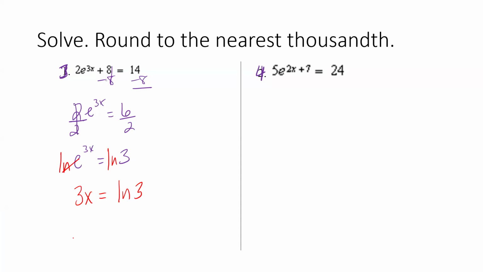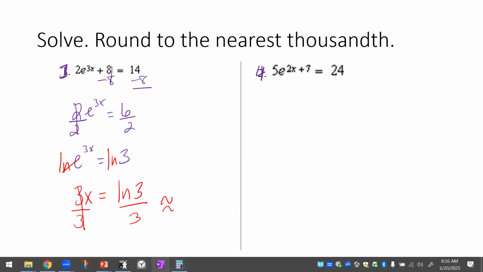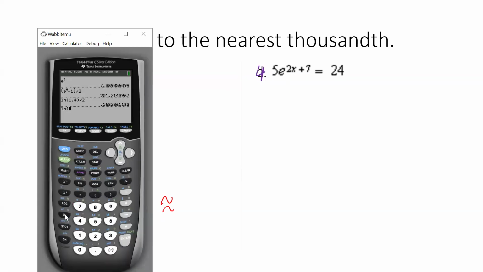Last thing to get x by itself, divide by 3. So that's our exact answer. We're going to put that in the calculator to find our approximate value. So going to the handy dandy calculator, natural log of 3 divided by 3 is 366 thousandths.